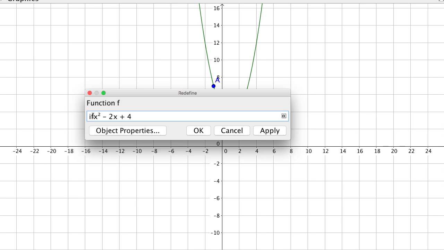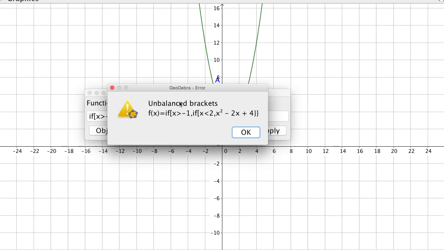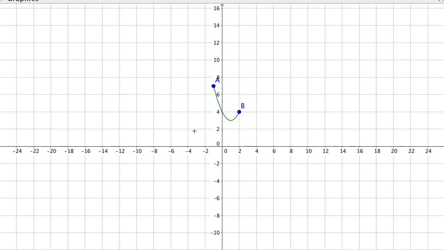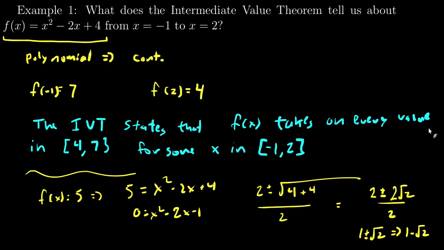So if x is greater than or equal to negative 1, and if x is less than or equal to 2, there we go. And you can see here's what the function actually looks like on that interval, and I do hit every value from 7 down to 4. I get some extra, but I hit every value in there. All right.